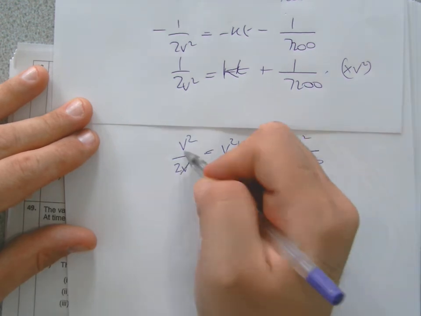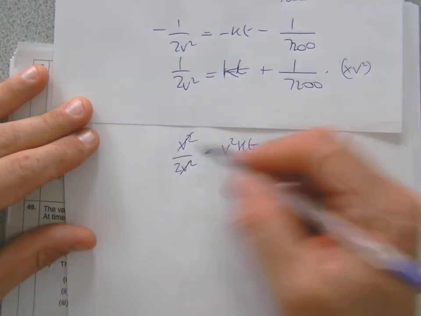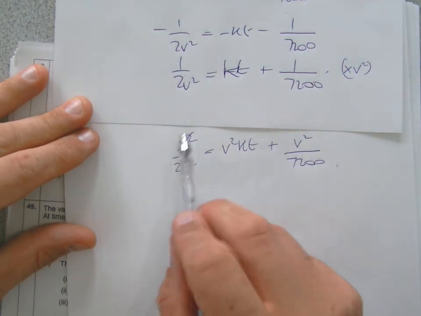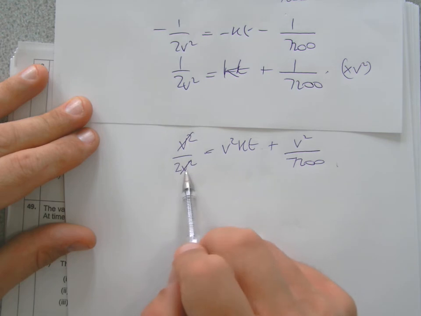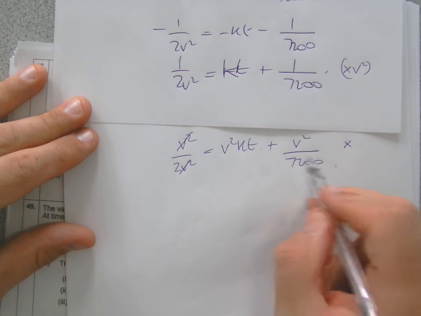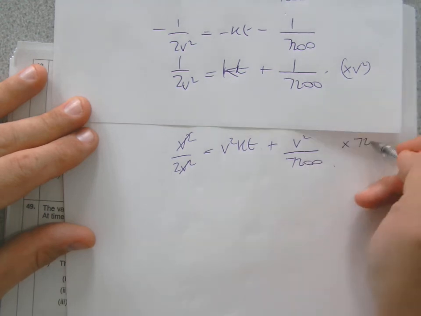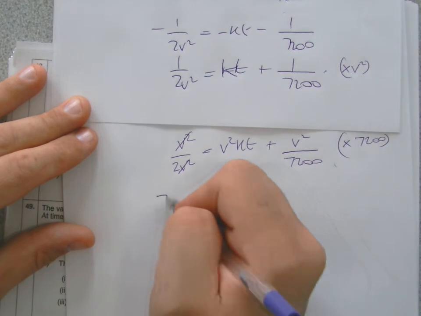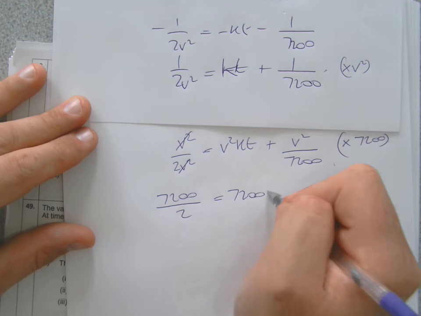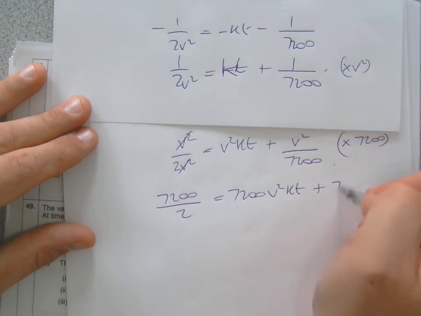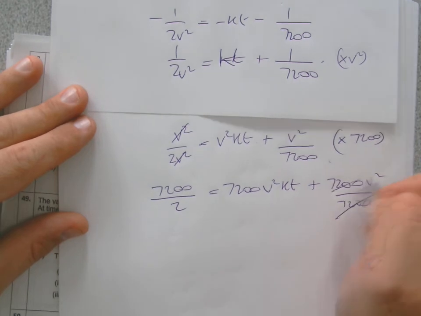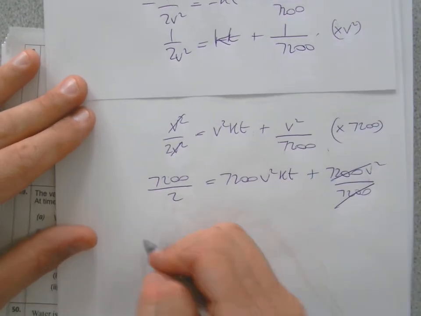Now notice the v squareds cancel, so I've no longer got a v squared on the bottom. Then this number here is bothering me, so I'm going to times through by 7,200. So 7,200 over this 2 left there equals 7,200 v squared kt plus 7,200 v squared over 7,200. They will cancel. Okay, this becomes 3,600.